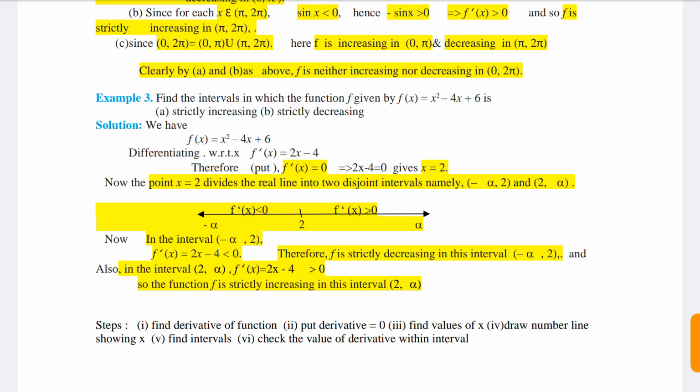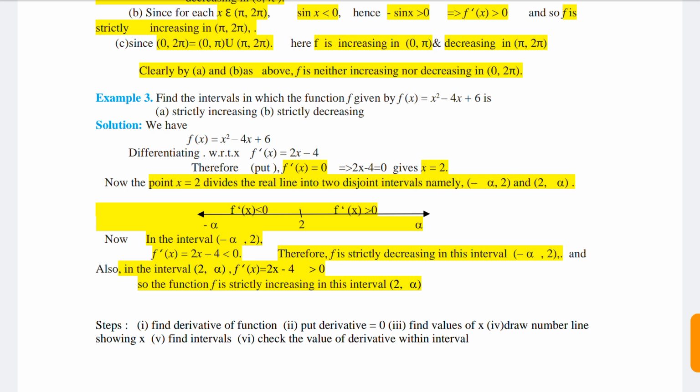This is the method. Now you have to remember the steps for finding the interval in which a function is increasing or decreasing. The first step is to find the derivative of the function, put the derivative equal to 0, get the value of x from that, draw the number line, show the points on the number line, find the intervals, and check the values of the derivative within each interval.